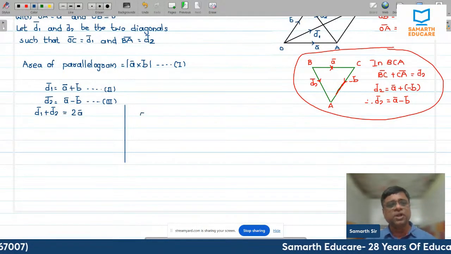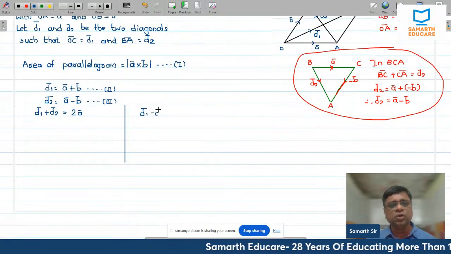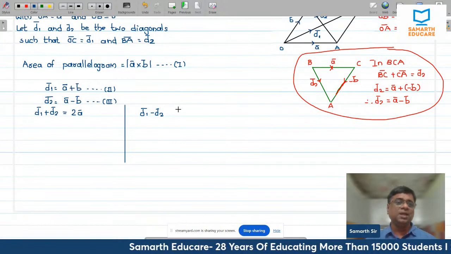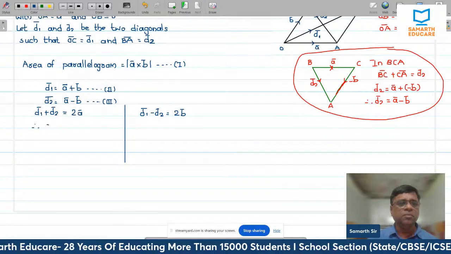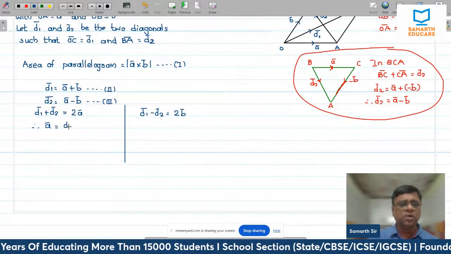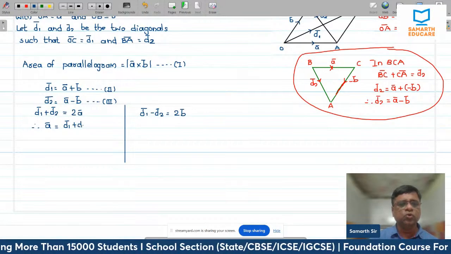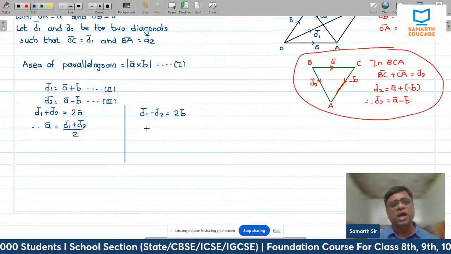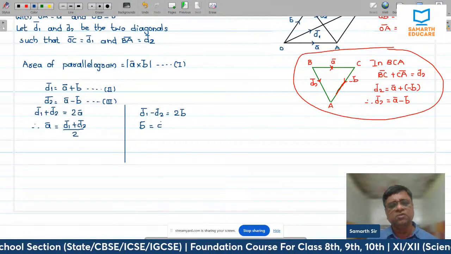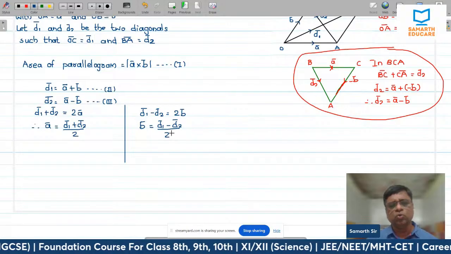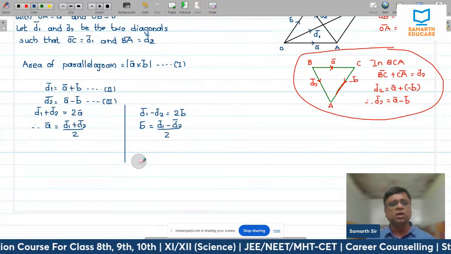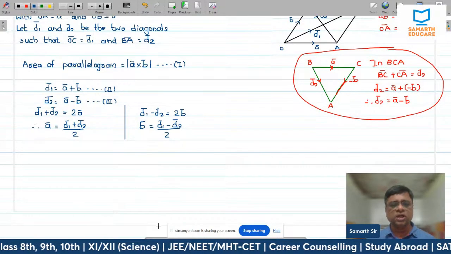And if I subtract it, d1 bar minus d2 bar, then a bar and a bar gets cancelled and this becomes 2b bar. Naturally, a bar is d1 bar plus d2 bar upon 2, and b bar becomes d1 bar minus d2 bar divided by 2. Just cross multiply.